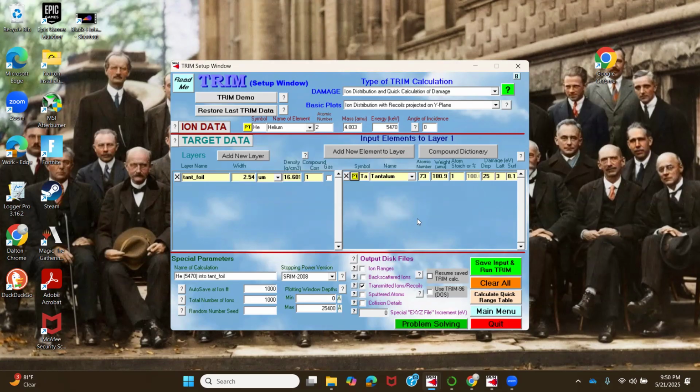And then what TRIM does is it compiles the final energy of all of those alpha particles, because when the alpha particles go through the foil, they lose some of their energy, and we have to know how much energy they're losing on average, because we can't just use the incident energy, because that's not correct. And once we figure out the average of their energy after going through the foil, we can use that when we actually do the experiment to know what energy we should be expecting to hit our detector.